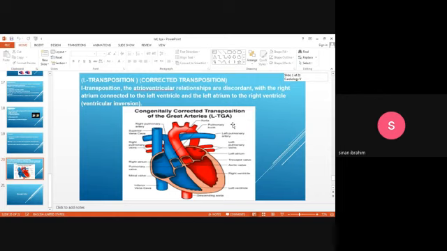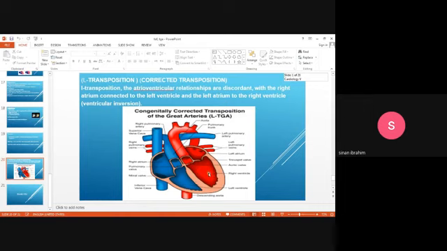They have a different presentation from transposition of the great arteries, and the main anomaly here is not in the great arteries, but in the ventricles.